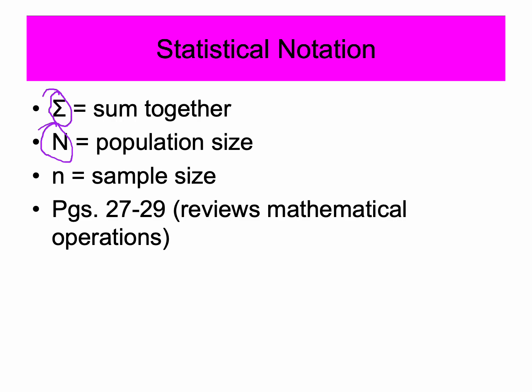I say generally because as we start working with more complex designs, N could be used for sample sizes as well if we have multiple samples that we're talking about. Lowercase n generally refers to the sample size that we're working with, or if we have multiple samples, each of those groups and what their sample size is.